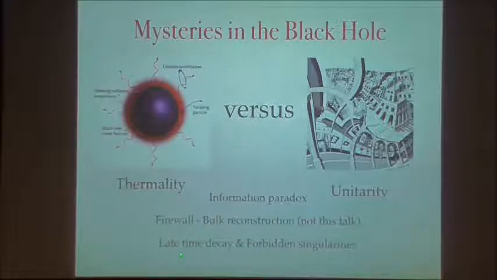This is most famously discussed recently as the firewall paradox. But we will not get into the firewall paradox in this talk because the question of whether you have a firewall is not that easy to formulate in the context of CFT. We cannot yet define the local observable in the bulk inside the horizon from the CFT perspective unambiguously.